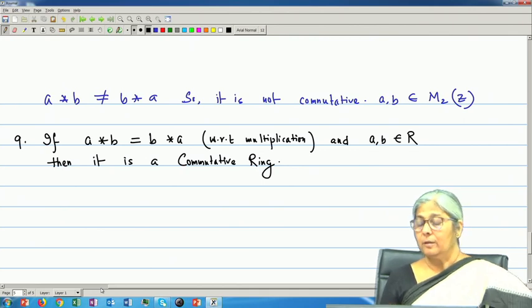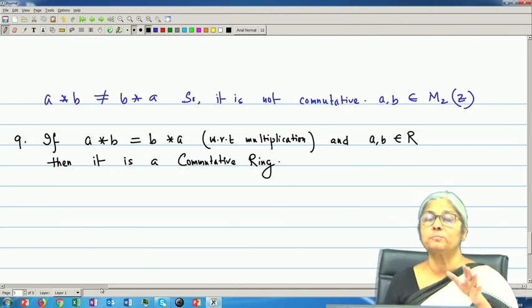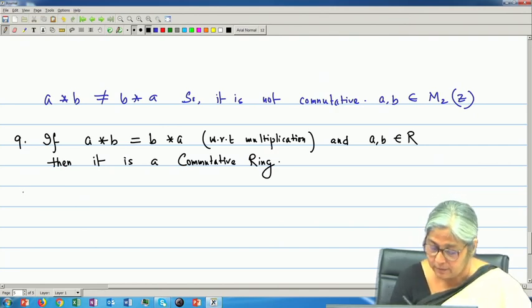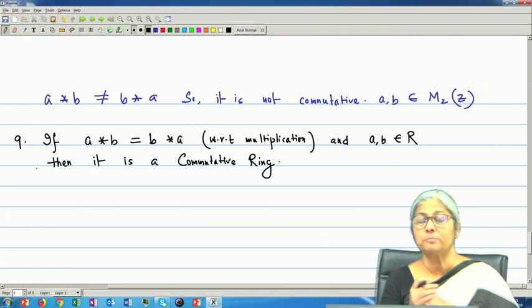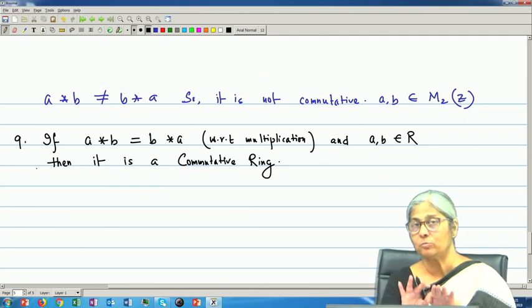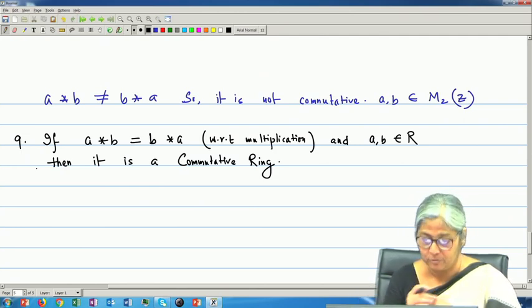Now, if we add some more properties with respect to multiplication. Okay. So, I see that with respect to multiplication we have considered closure, we have considered associative, and with respect to both addition and multiplication we have considered the distributive properties.